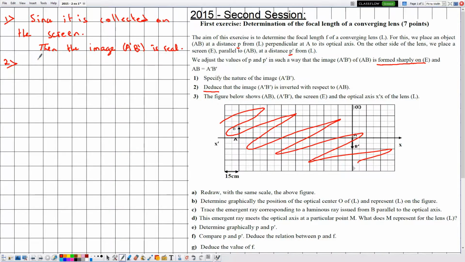So let's say that since it is real, then the image A'B' is inverted with respect to the object AB.